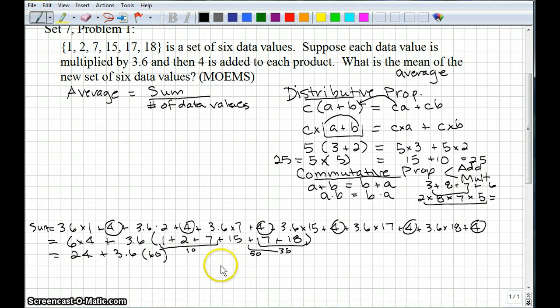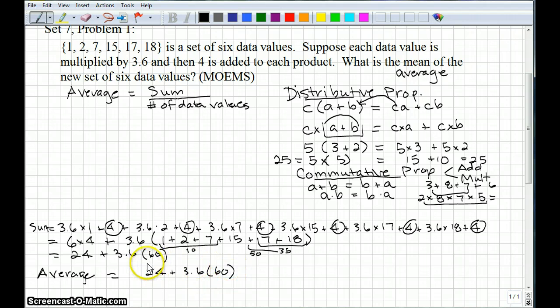All right, now, the last thing we have to do is compute the average. Now, I'm not going to go any further with that. I don't have to complete that because I know that when I compute my average, I'm going to take this sum and divide it by 6 because there's 6 data values. So I have 24 plus 3.6 times 60.